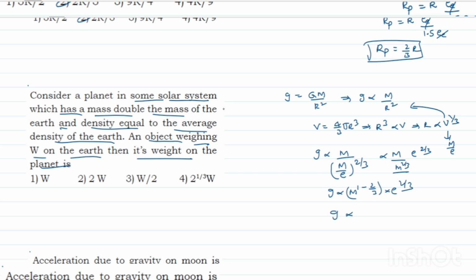So g is directly proportional to M power 1 by 3 into rho power 2 by 3.